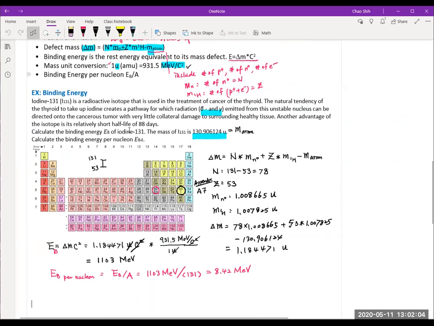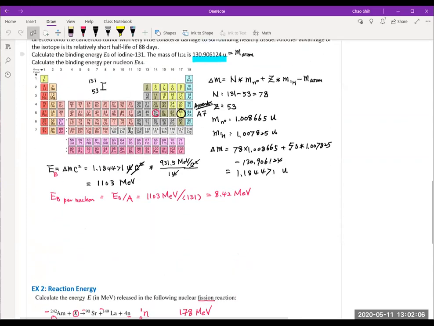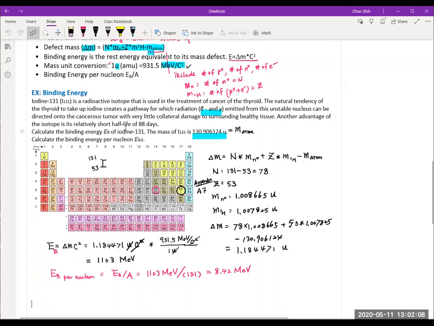Okay, so we did one example about this calculation, right? Any question about this problem that we did before? If you do the homework, again, the homework is due on Monday before the exam.